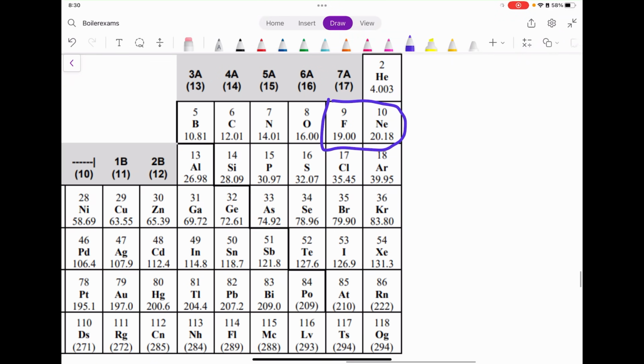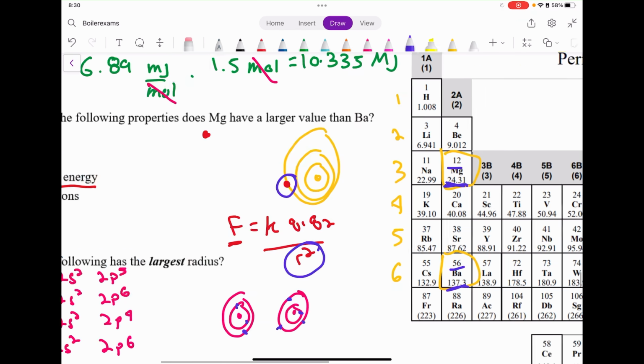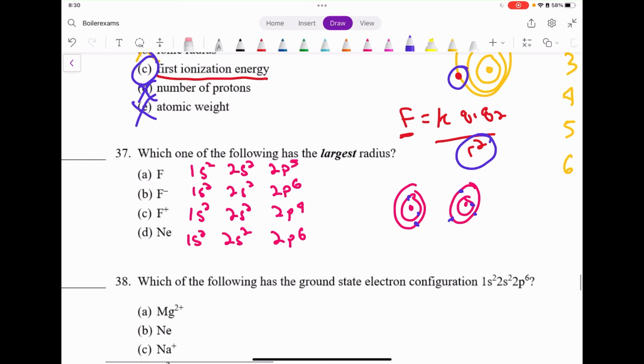Neon is one more element to the right of fluorine. It has 10 protons to fluorine's 9, so it can pull on those electrons a little bit harder and bring them in. So if this is fluorine, this is neon. It's got a stronger nucleus, so it can pull those in a little bit more. So D definitely does not have the largest radius. I'm going to erase my horrible drawings too.